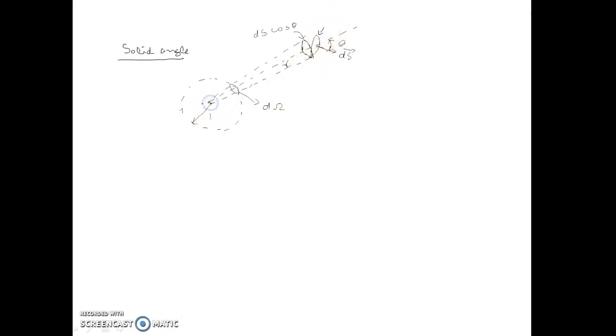Let us consider a point O here. So we want to find out the solid angle subtended by this surface at this point O. So let us construct a sphere of radius 1. So here this is a sphere of radius 1.